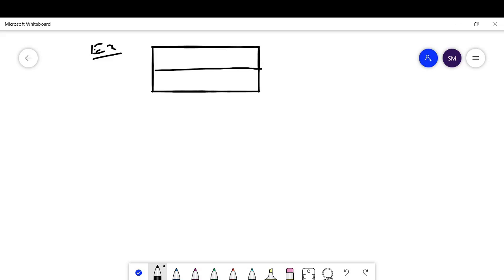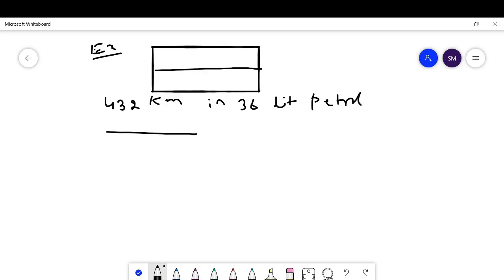Here the question says, a car covers 432 kilometers in 36 liters of petrol. Then how much distance will be covered in 25 liters of petrol?